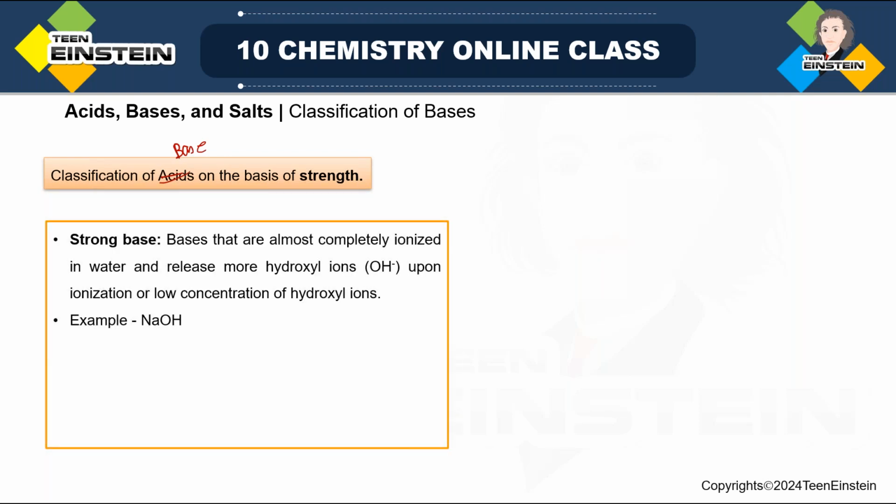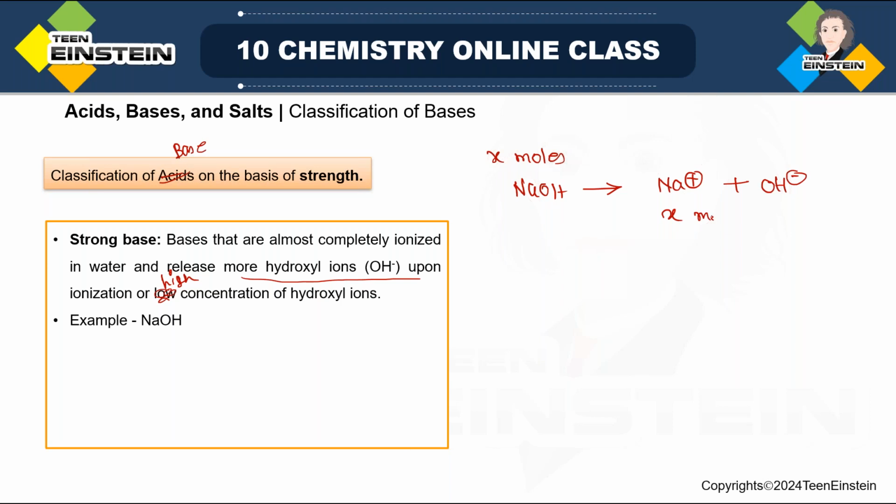So strong bases are the bases almost completely ionized in water and release a high concentration of hydroxyl ions upon ionization. When you have taken X moles of NaOH, after dissociation there will be formation of Na+ cation and OH minus anion.